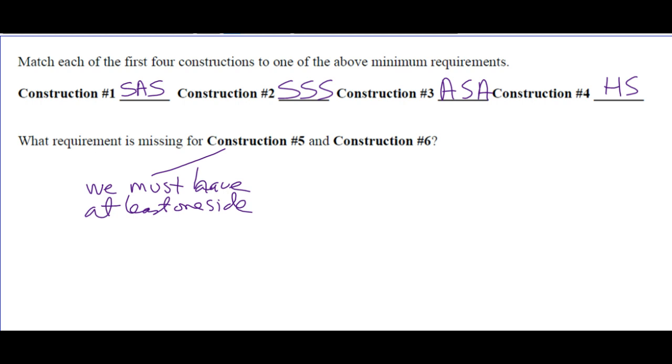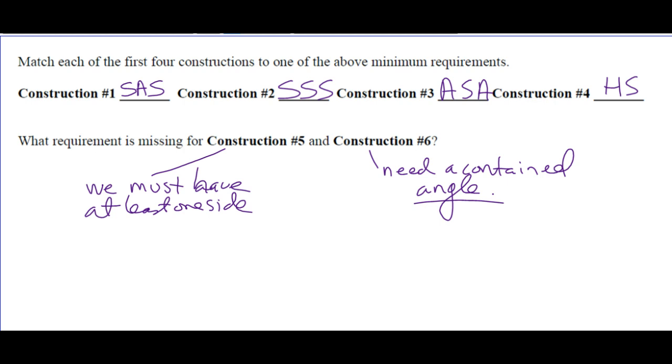And construction 6, what were we missing there? We had an angle, but it wasn't the special kind of angle, right? The special kind of angle here is the angle contained between the 2 sides. So we need a contained angle. We had 2 sides, but the angle was not contained.